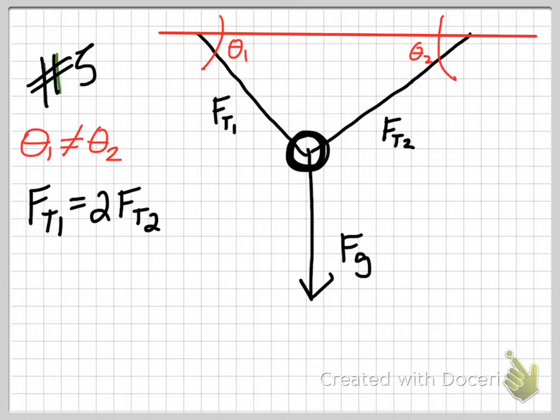So let me ask you this. Which axis gives us something to figure out pieces of? X or Y? Why? Because we've got mass times gravity. We know that force of gravity equals mass times gravity.